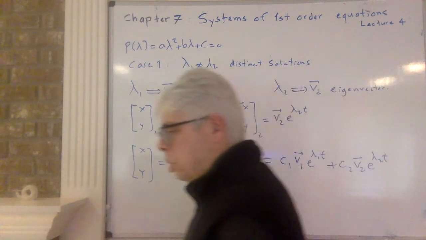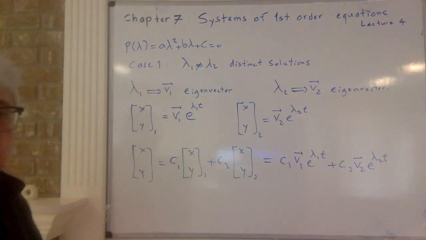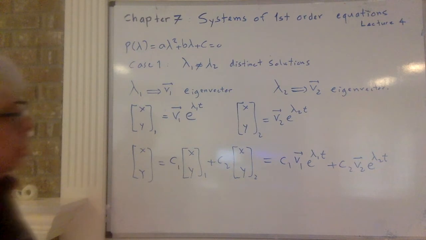So basically your job is finding eigenvalues and eigenvectors, that's all. The rest is just routine. Just write down the formula and that's your final solution. But that is in fact the complementary solution.